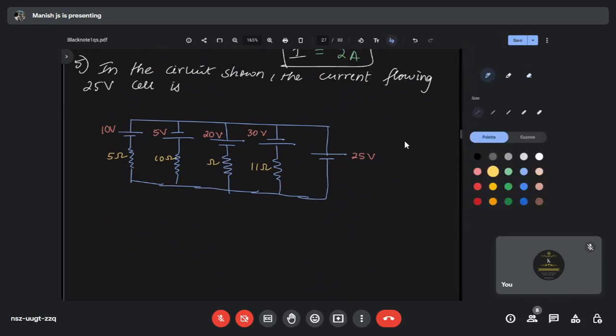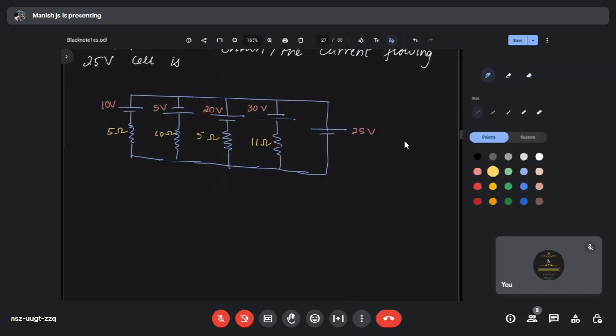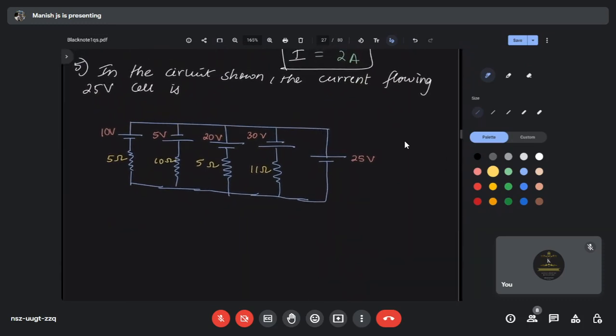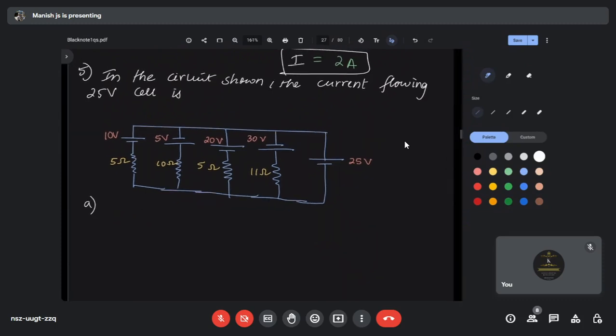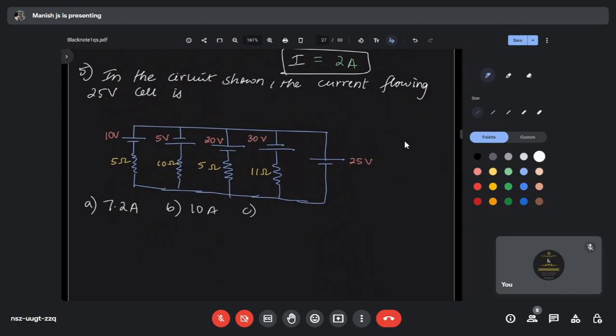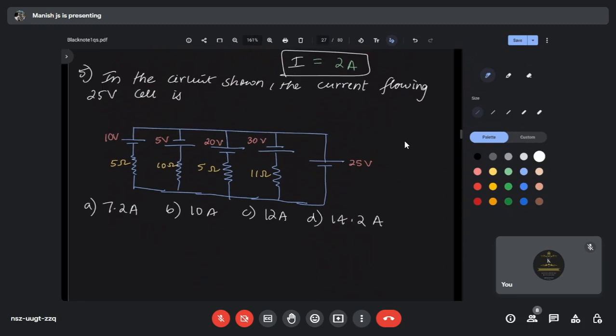Now I'm giving the options. Option A, 7.2 amperes, option B, 10 amperes, option C, 12 amperes, and option D, 14.2 amperes. So analyzing the circuit, what is the current drawn in the circuit is what you will have to find out.